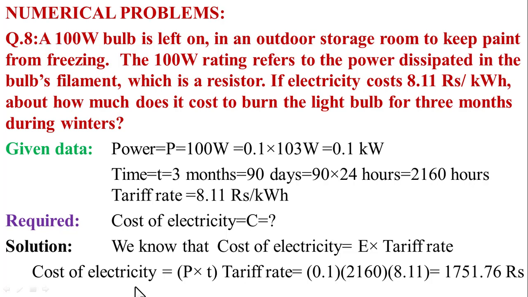So cost of electricity is equal to power 0.1 multiplied by time 2160 and cost 8.11. Multiplying the quantities, the final cost of electricity is 1751.76 rupees.